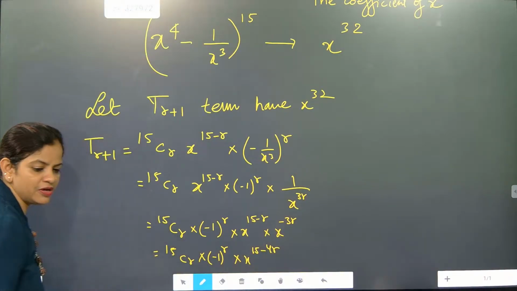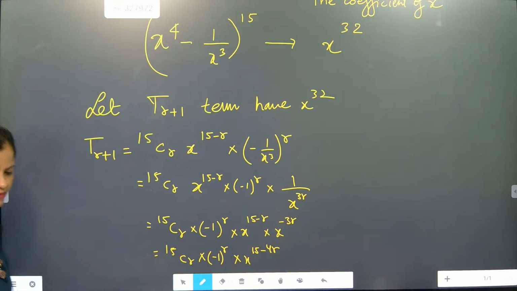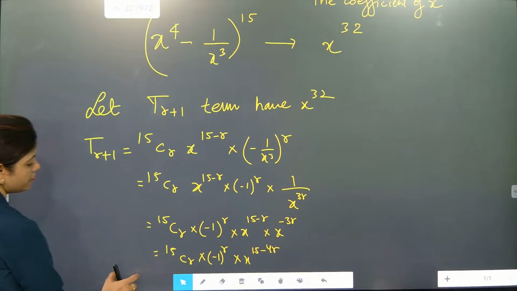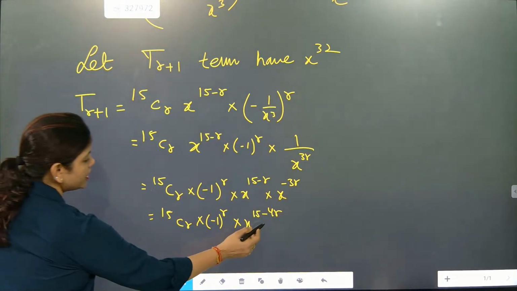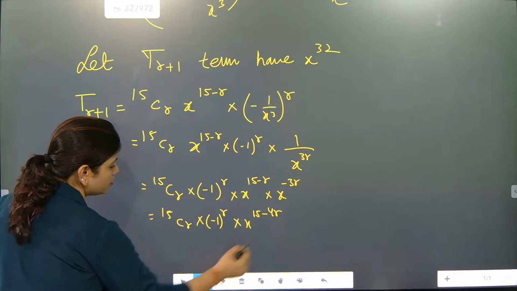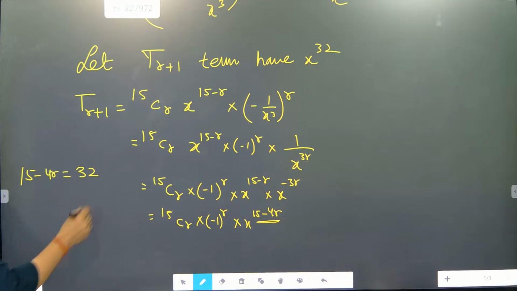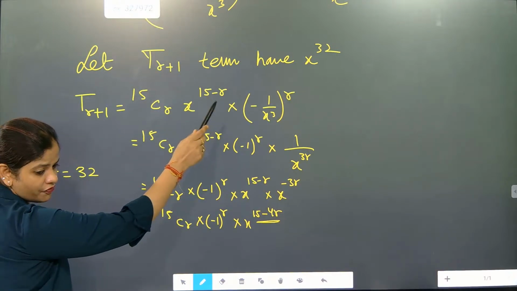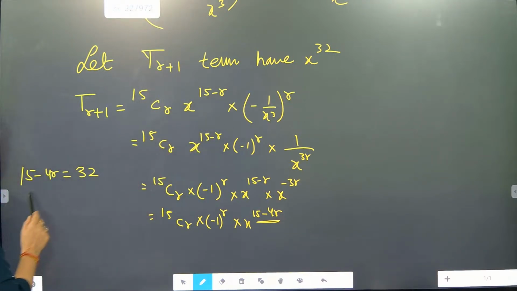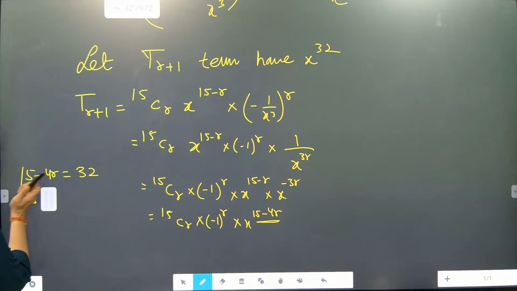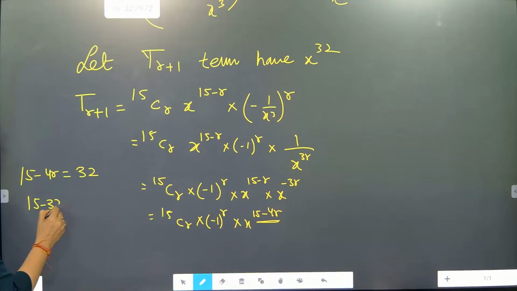And beta, 15 minus 4r must be equal to, because we wanted the expansion, whatever x value is coming out, 15 minus 4r must be equal to 32. What is the degree of x? Degree of x is 32. So we need to find that only. So 15 minus 4r, we will shift this side: 15 minus 32 equals minus 4r.